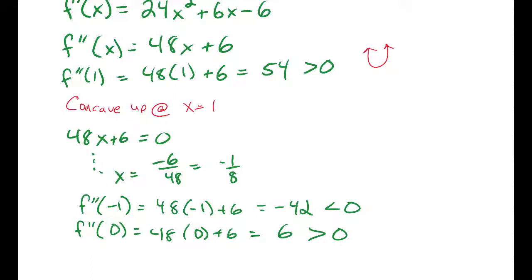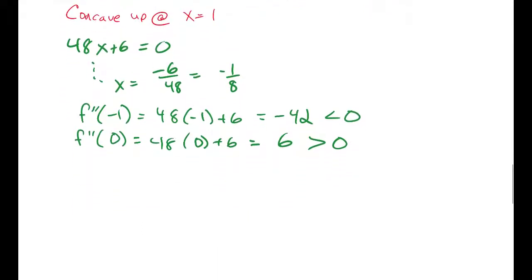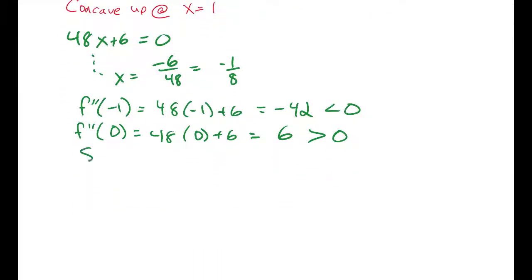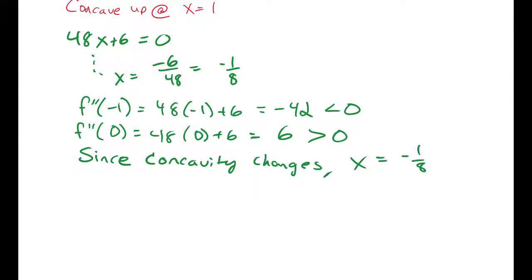So we are concave up to the right of that possible inflection point. Therefore, since concavity changes, we can conclude that x equals negative 1/8 is an inflection point.